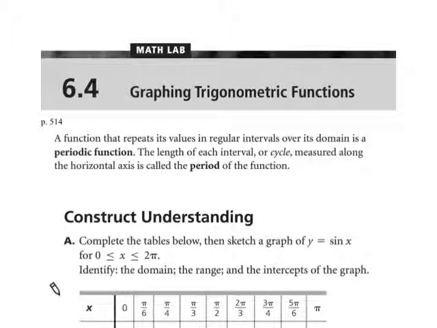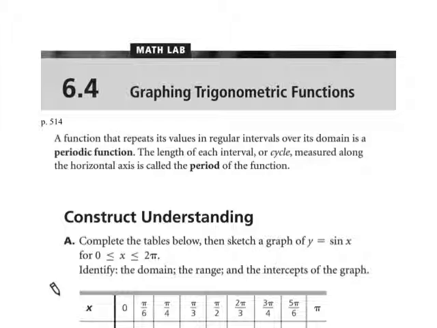To begin with, you'll note here a definition that I've written down that is in your workbook on page 514. A function that repeats its values in regular intervals over its domain is called a periodic function. The length of each interval or cycle, measured along the horizontal axis, is called the period of the function.